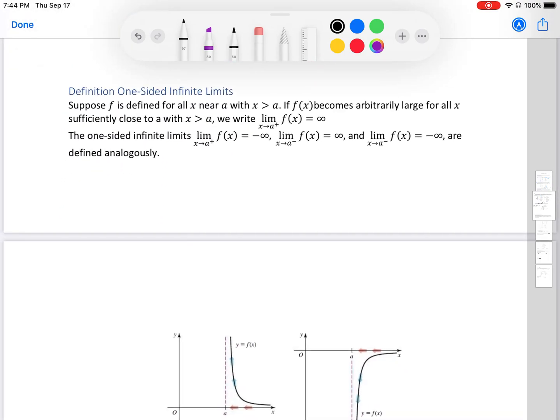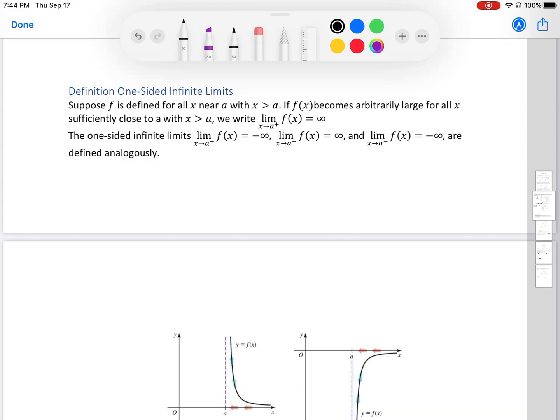Definition of one-sided limits. Suppose f is defined for all x near a with x greater than a. If f of x becomes arbitrarily large for all x sufficiently close to a with x greater than a, we write the limit as x approaching a from the right side of f of x equals infinity.